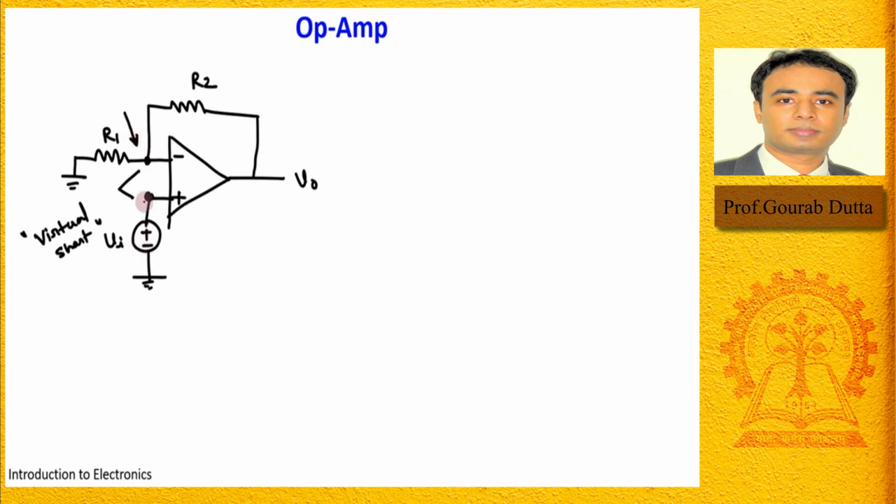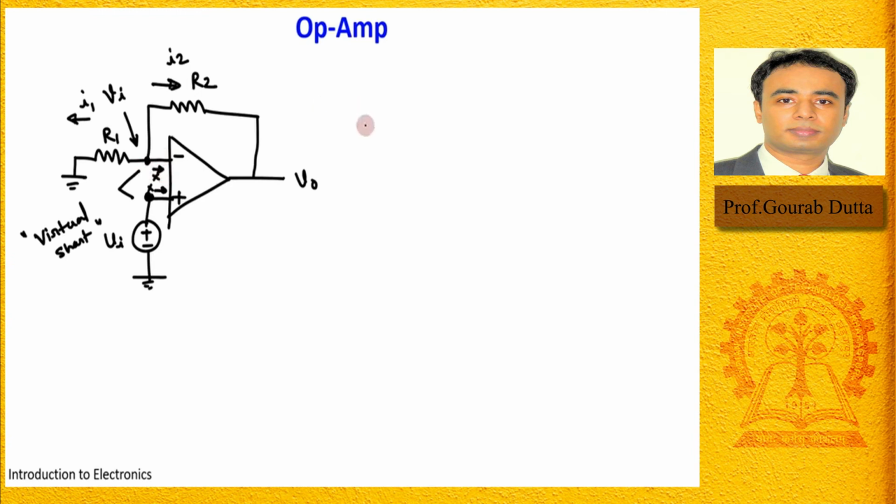So if this is Vi, then obviously this potential is also Vi, right? Then this is ground, this is Vi, and say one current I1 due to this Vi is flowing like this, and another current I2 is flowing like this. This is the ideal op amp, so no current is going inside the op amp, neither from this terminal nor from this terminal, right?